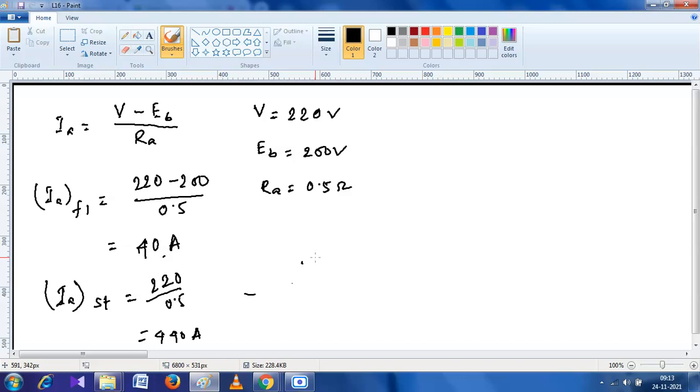We have to limit the current through the armature path. So we should gradually increase the voltage.